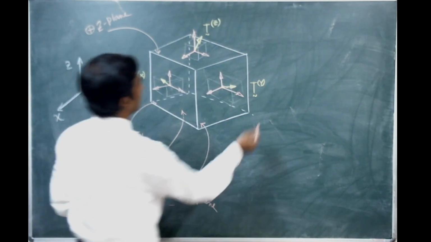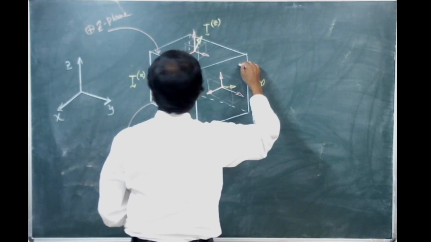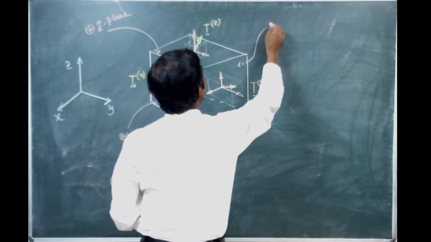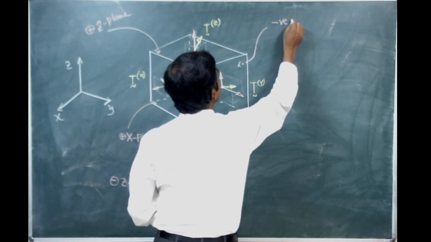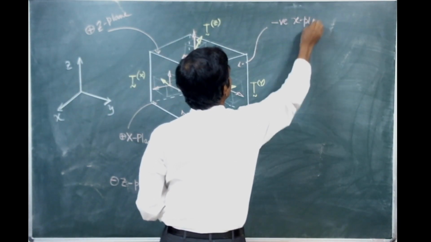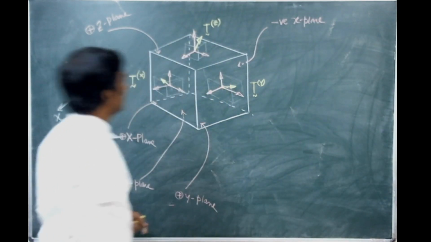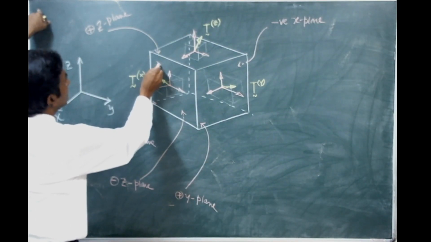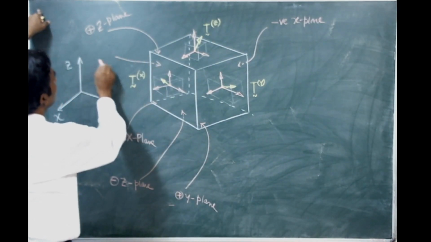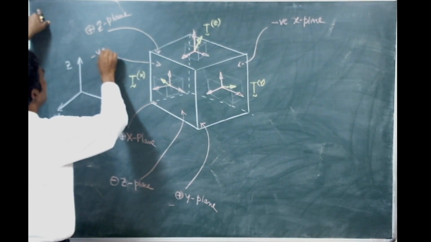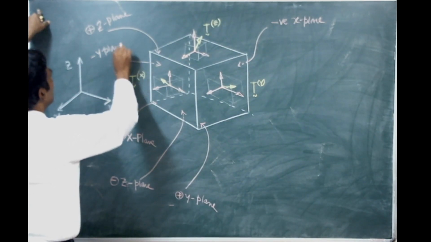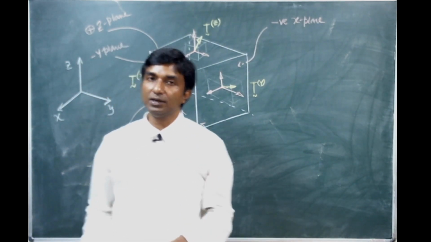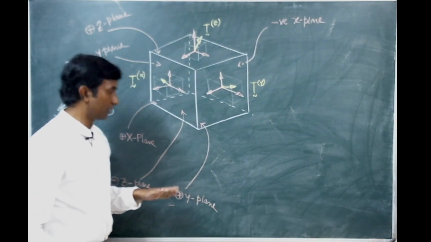Therefore we can see that this plane is the negative x plane, and here the back side is the negative y plane. So on the negative x plane, negative y plane, and negative z plane, the traction vectors are also working.